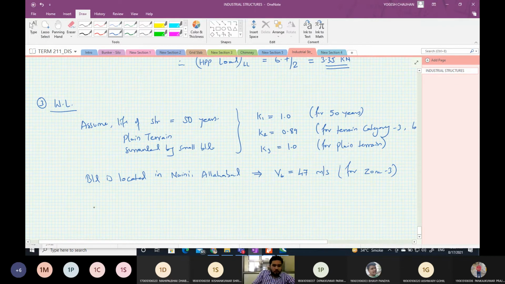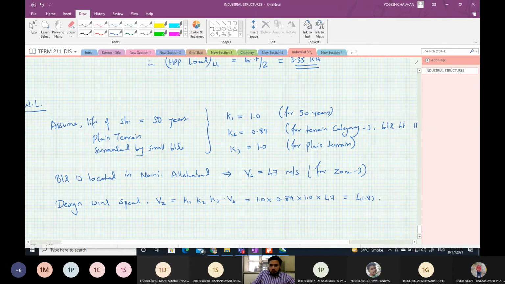So design wind speed VD or VZ will be K1, K2, K3 times VB, 1.0, 0.89, 1.0 into 47. So this is 41.83 meter per second.